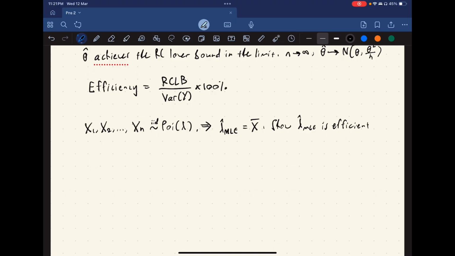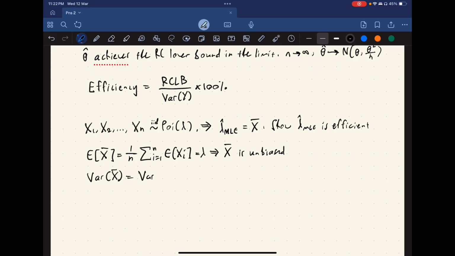We can easily do that by first computing the expectation of the sample mean, which is just the mean itself, which is lambda. So X bar is unbiased. And you also can compute the variance.